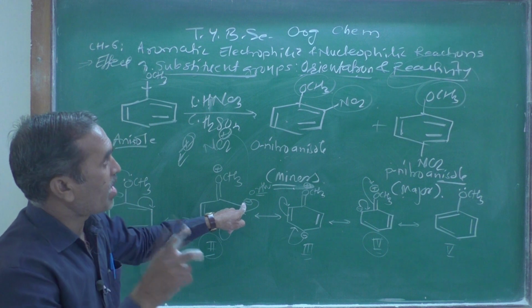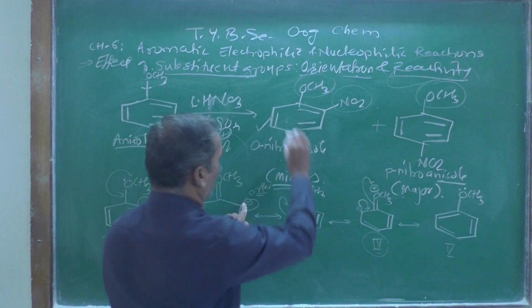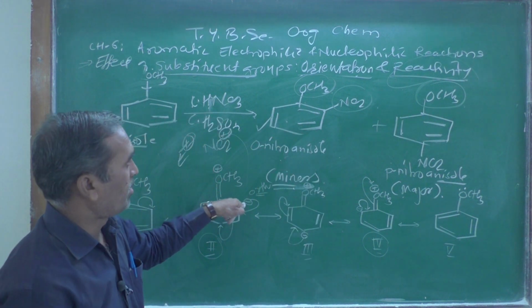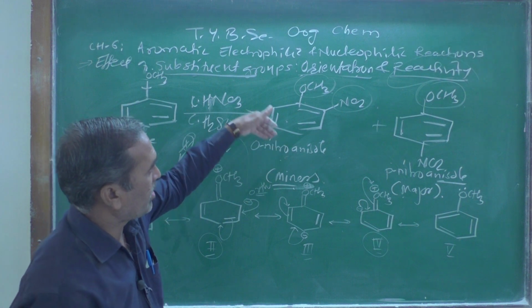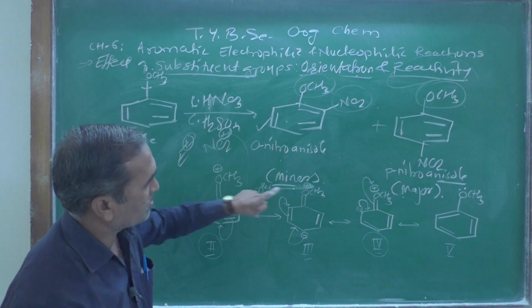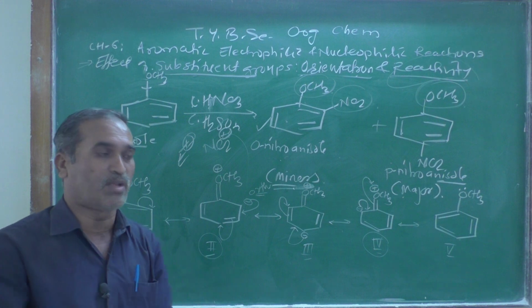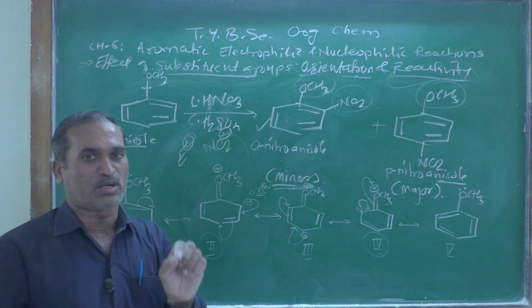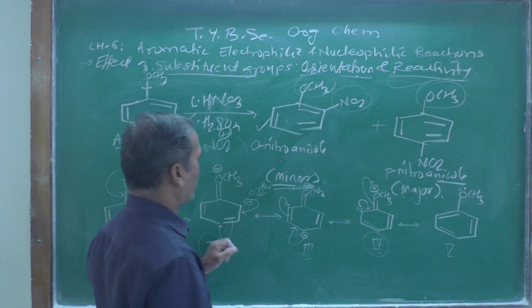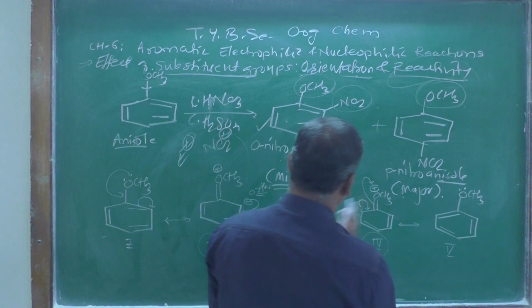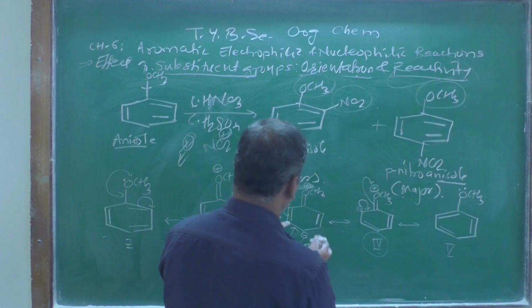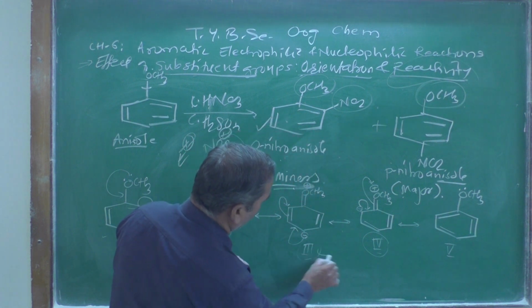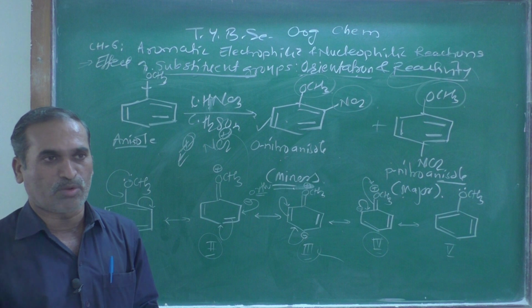Understood this? Why are we predicting an ortho product? Got the answer here. Because at the ortho position there will be a negative charge, and this aromatic compound undergoes electrophilic substitution reaction. And now look at the left, at structure number 3 carefully.